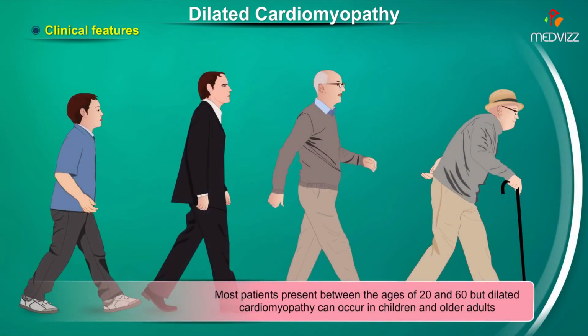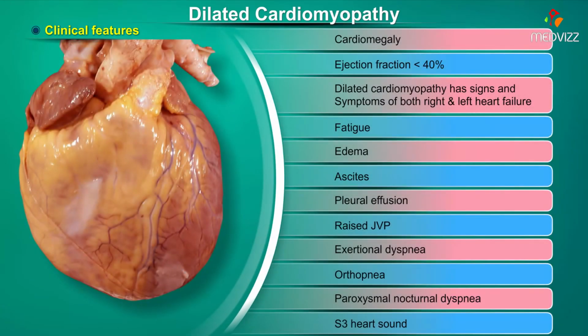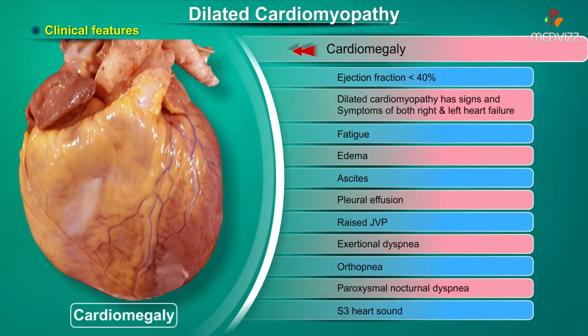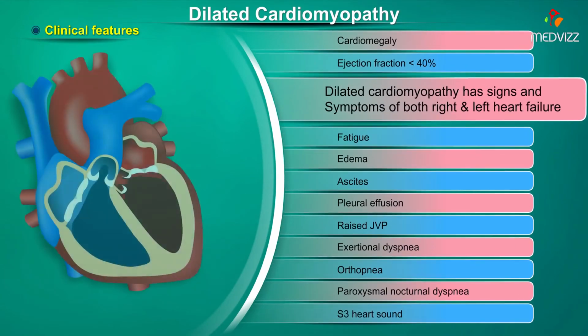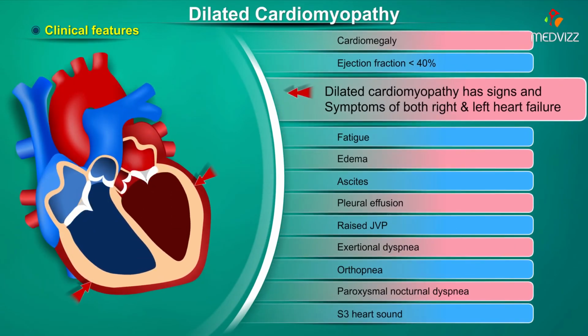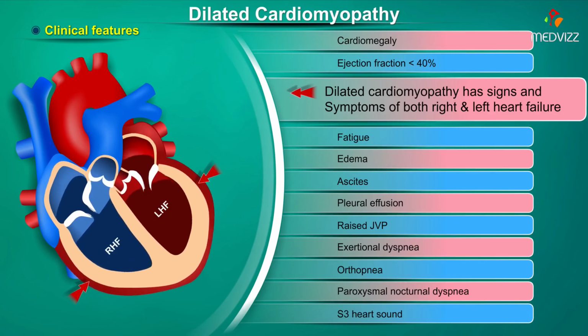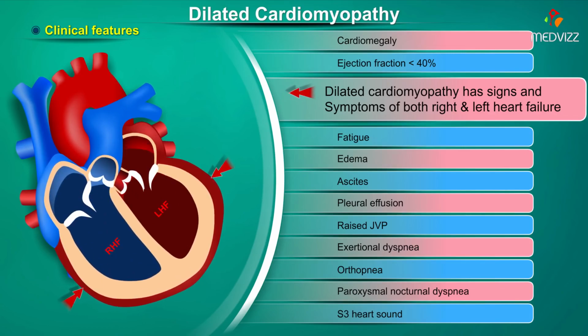Most patients present between the ages of 20 and 60, but dilated cardiomyopathy can occur in children and older adults as well. The other clinical manifestations are that the patients have cardiomegaly and an ejection fraction which is less than 40%. Patients with dilated cardiomyopathy present with signs and symptoms of both right and left heart failure.